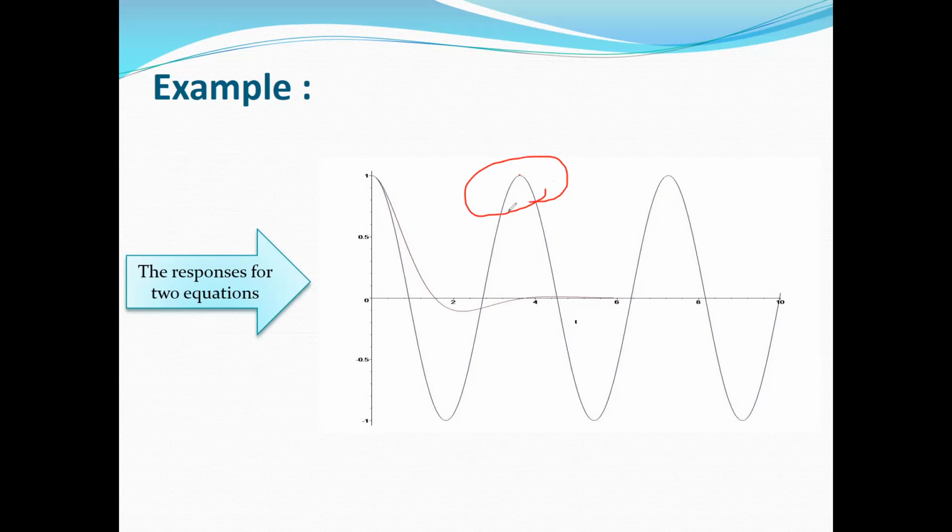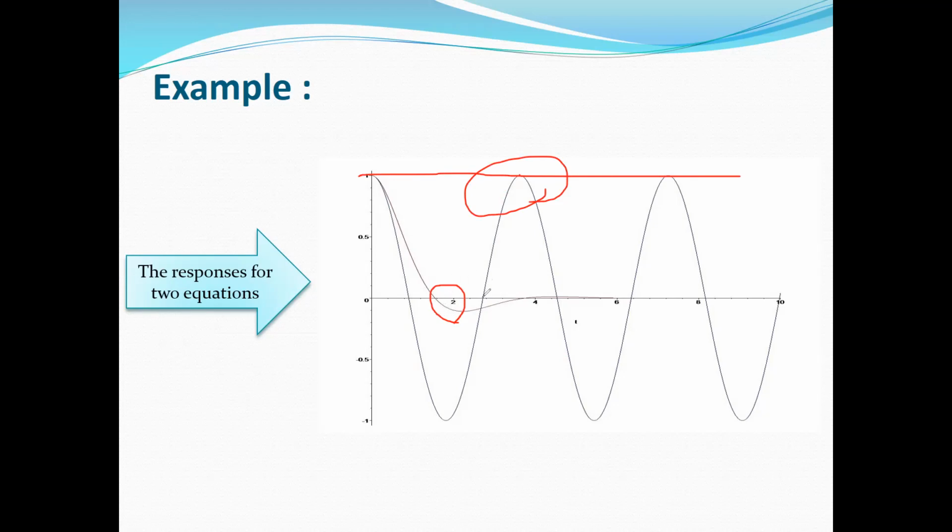This graph is fluctuating, and the amplitude remains the same. As you can see, the amplitude is the same. This graph is for the second part, but this graph, as you can see, doesn't fluctuate, or there is no vibrating in this one. And this is the solution for the equation in part 1.